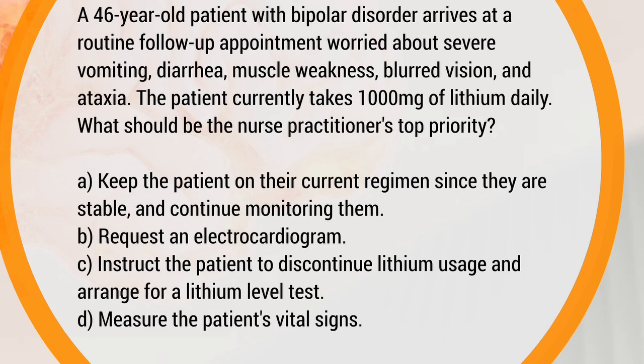A. Keep the patient on the current regimen since they are stable and continue monitoring them. B. Request an electrocardiogram. C. Instruct the patient to discontinue lithium usage and arrange for a lithium level. Or D. Measure the patient's vital signs?